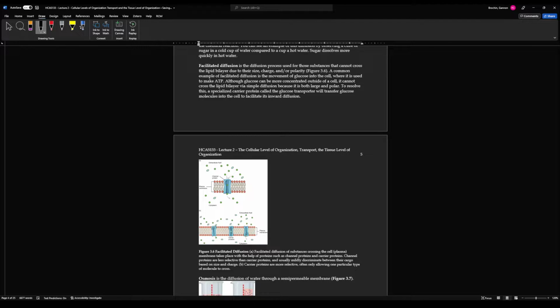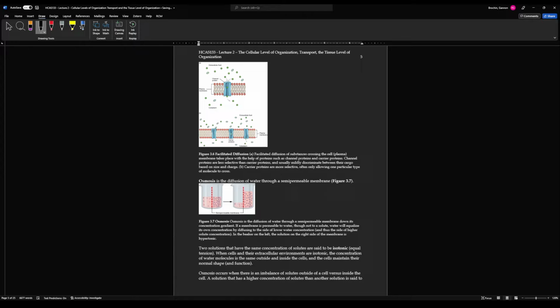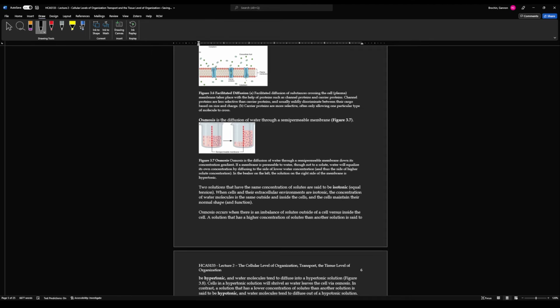We can also have dedicated carrier proteins that exist for these as well, like how glucose is transported. You'll see examples here in the lecture. They are basically showing you the examples of carrier proteins, channel proteins, and osmosis. And osmosis is literally the same exact concept, but with water.